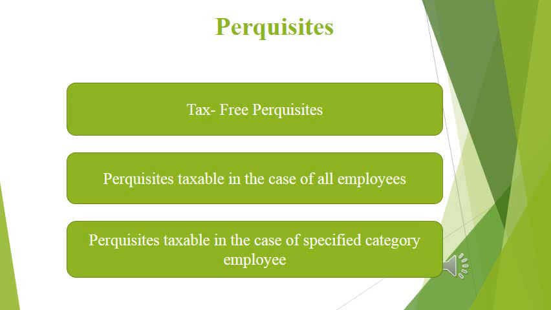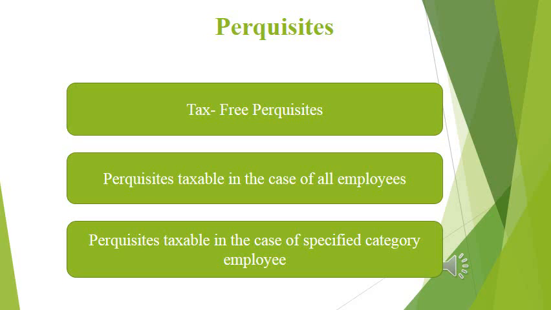Second one, that is fully taxable. 2 cases we have. Another one, the third case, perquisites taxable in the case of specified category of employees. Who are the specified category of employees? Specified category of employees are those employees who fall in some categories that will be discussed in our next slide.